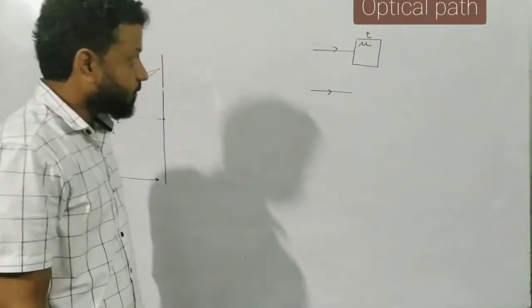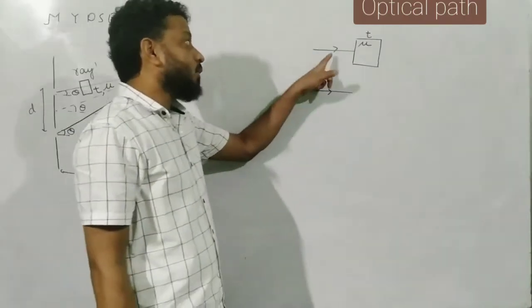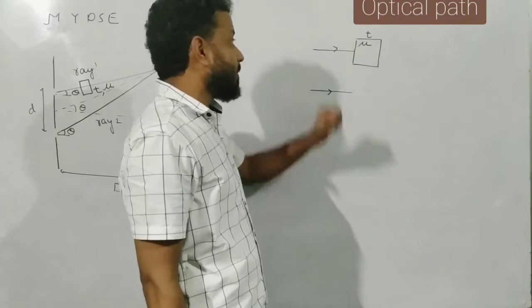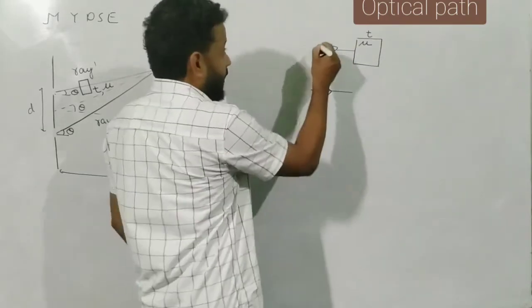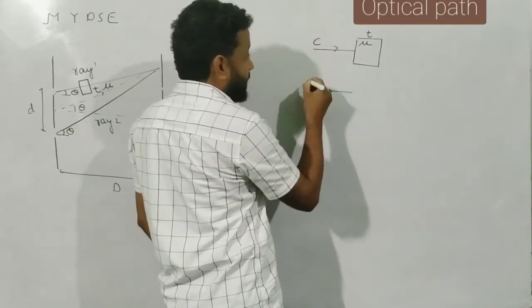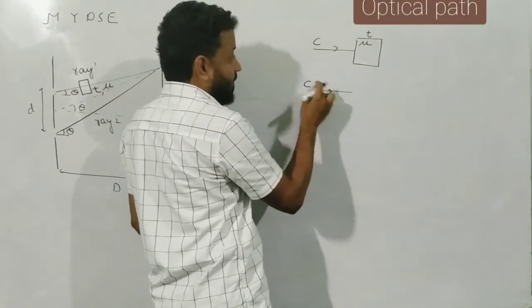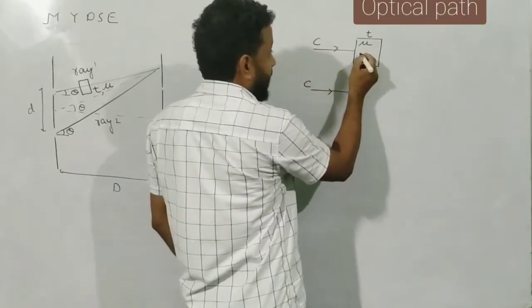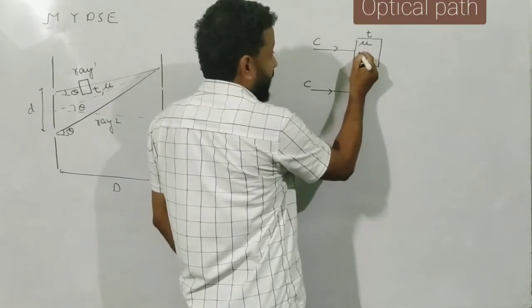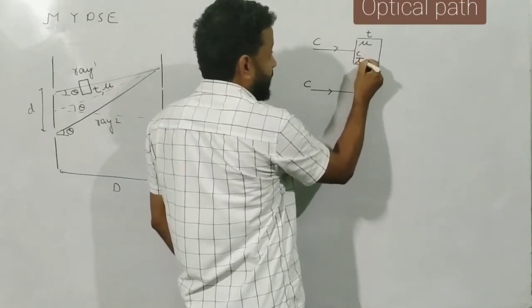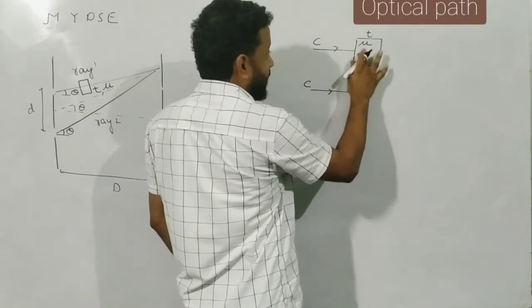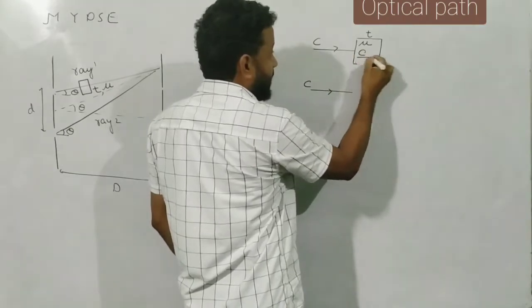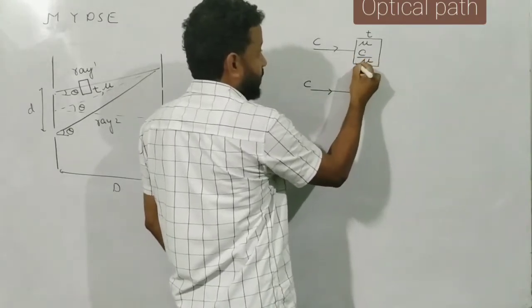Okay. Now you know that when the ray enters the glass slab, its velocity will change. Now in air, if the velocity of light is c, then both of them have the same velocity. But the moment this ray enters into the glass slab, its velocity will become c divided by mu. This you know from class 10, that its velocity will become c divided by mu.